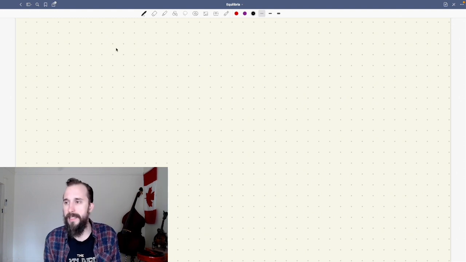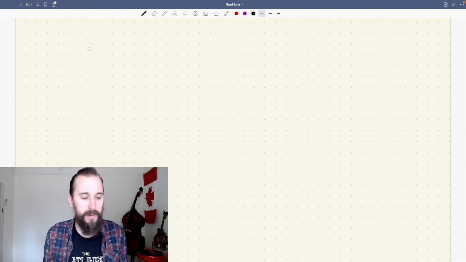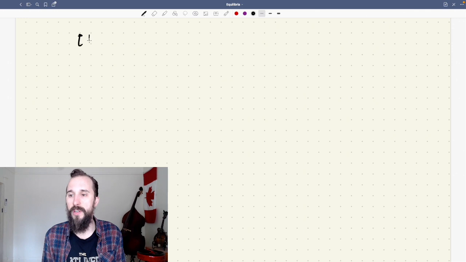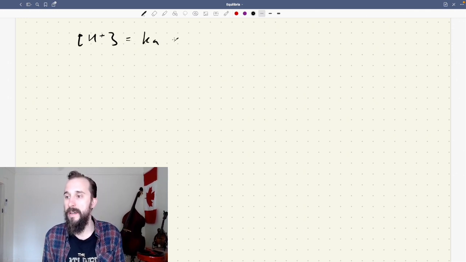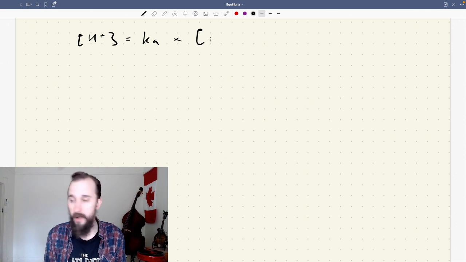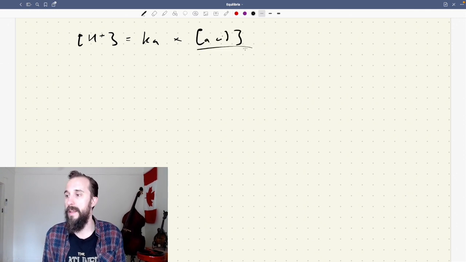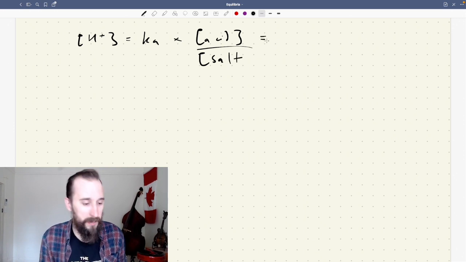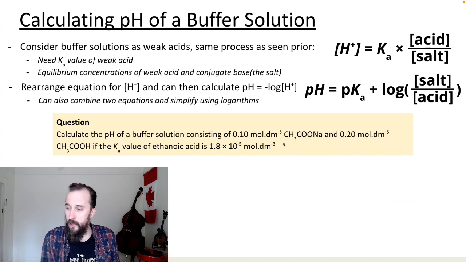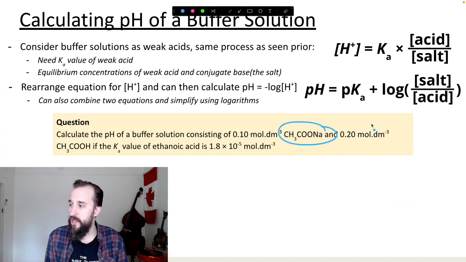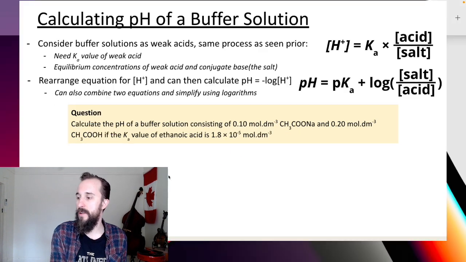All right, so first of all, let's calculate the concentration of hydrogen ions if we're given a Ka times the concentration of the acid divided by the concentration of the salt. So it's just a bit of a plug and play here, really, isn't it? What were we given? We were given a concentration, so that there is going to be our salt, that there is going to be our acid, that there's our Ka value.